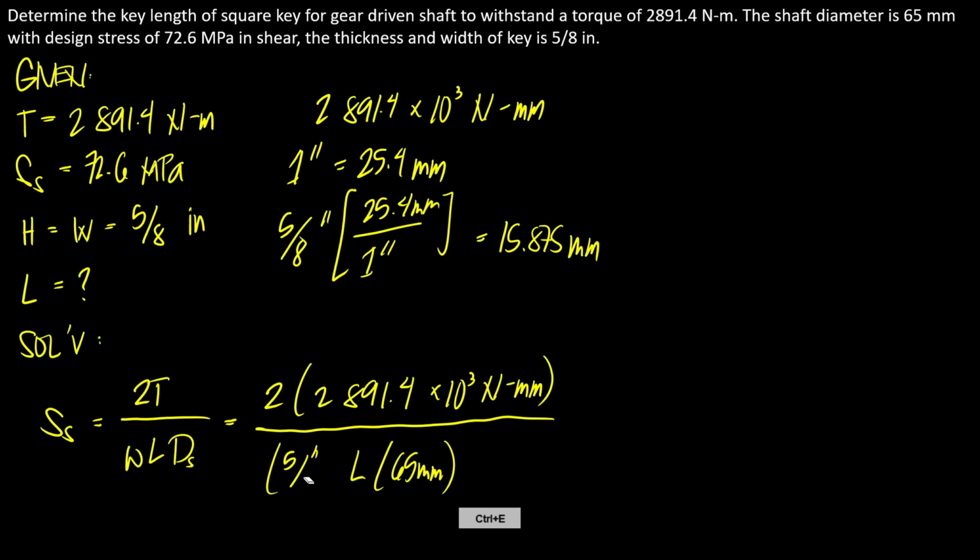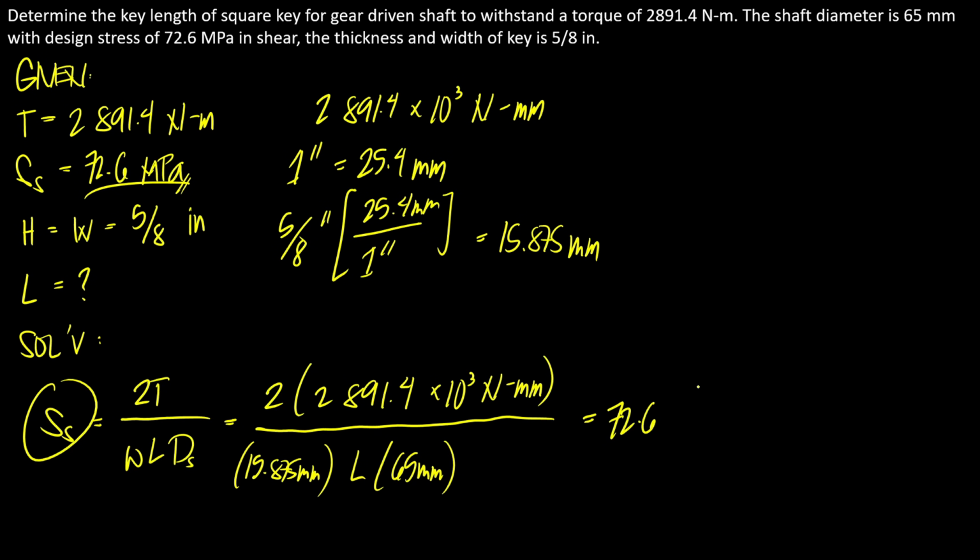Okay, so let's erase this. We'll have 15.875 mm. And now we have a shear stress of 72.6 megapascals. So what is the unit of megapascals? Megapascals is just Newton per mm squared.